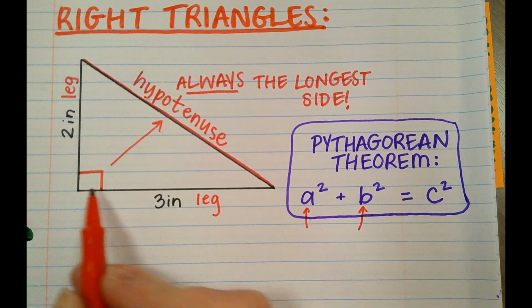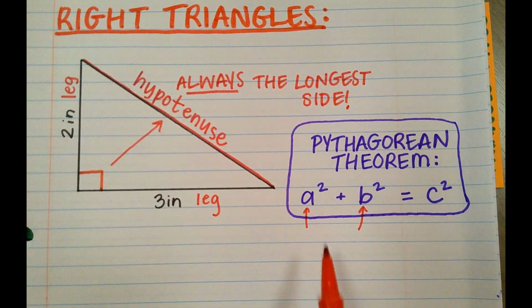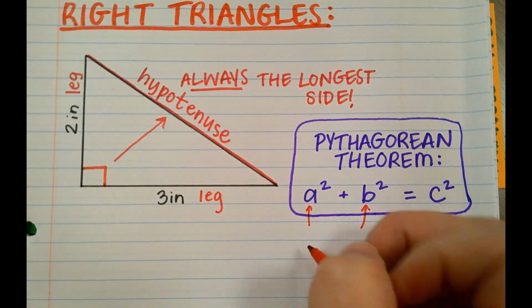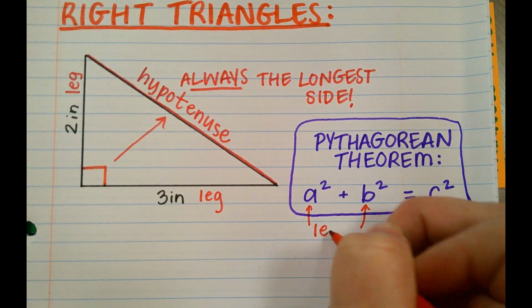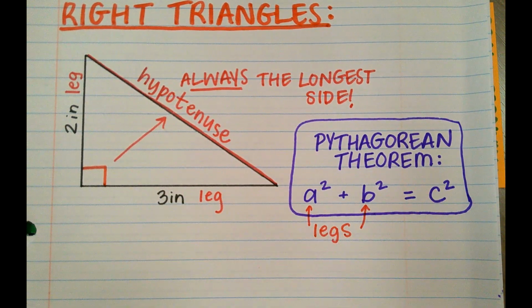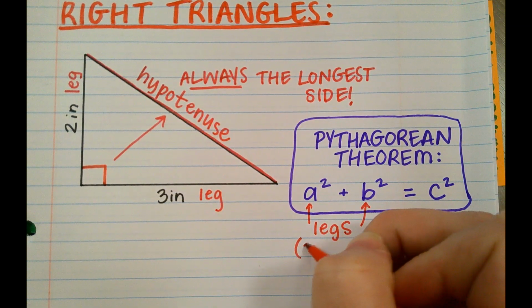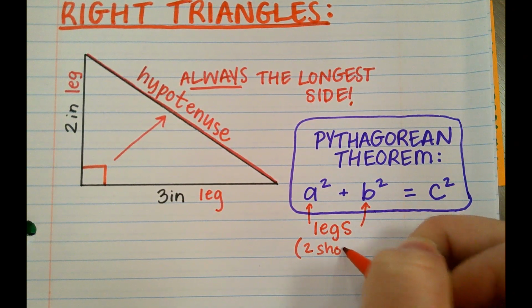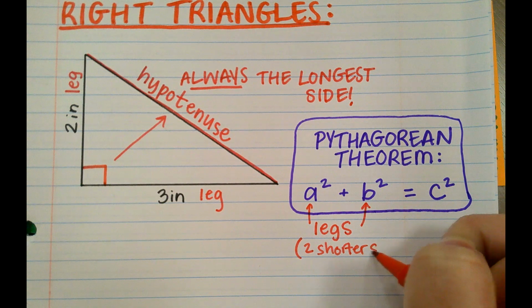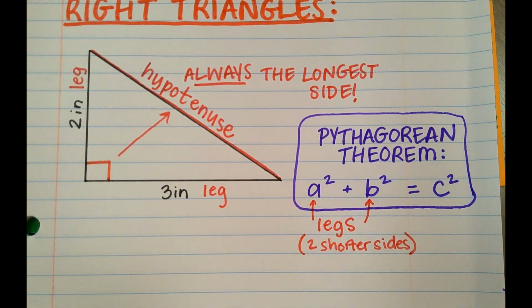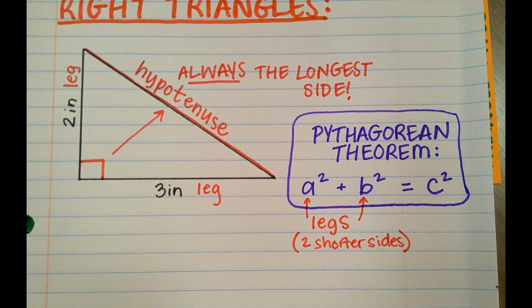As long as the two short sides are a or b, your answer will not change depending on what spot you put it in. So, legs, or the two shorter sides. C is your hypotenuse.